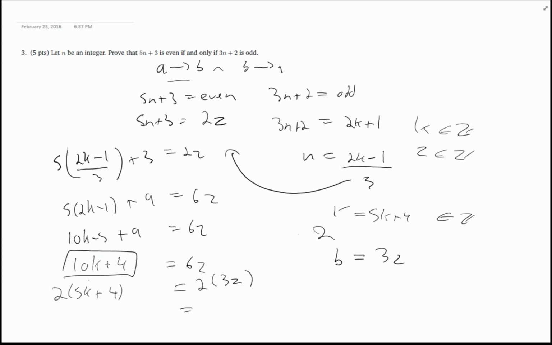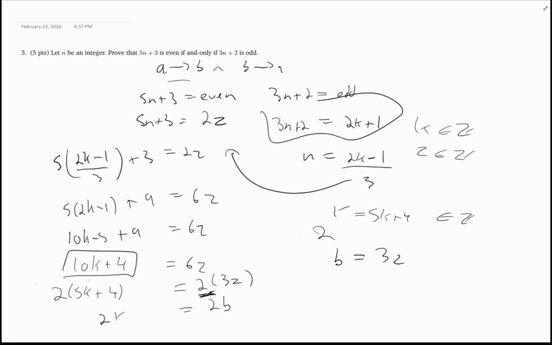You can say that 2 times a number, so I guess I use r in this case, yeah, sure. 2 times r is equal to 2b. And because you know that, since 3n plus 2 was odd, this will always be even, or z will always be even, because you factor out, right?